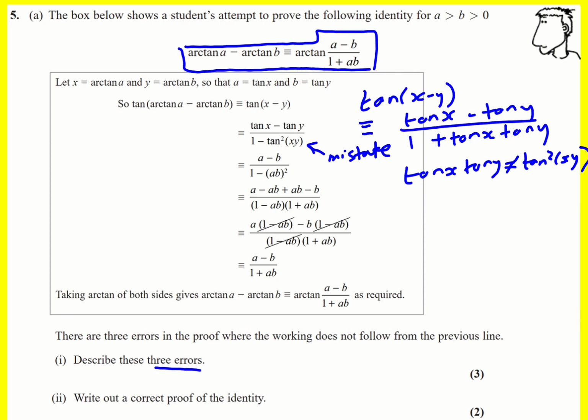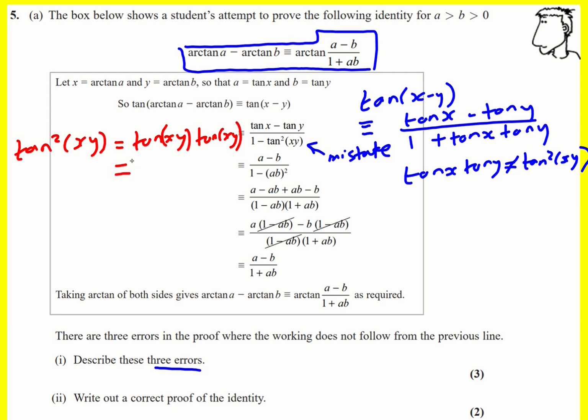All right, next mistake. They then replace tan x and tan y by a and b respectively. However, the tan squared xy that they have put in equals tan xy times tan xy.